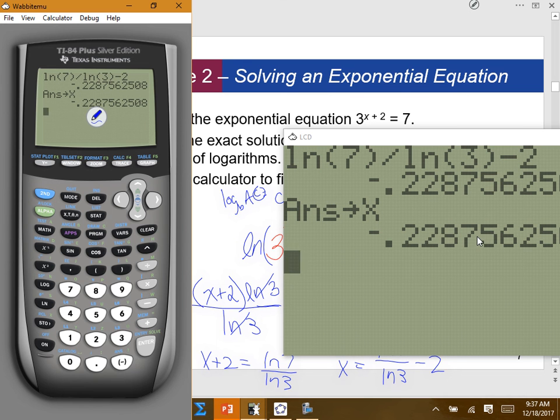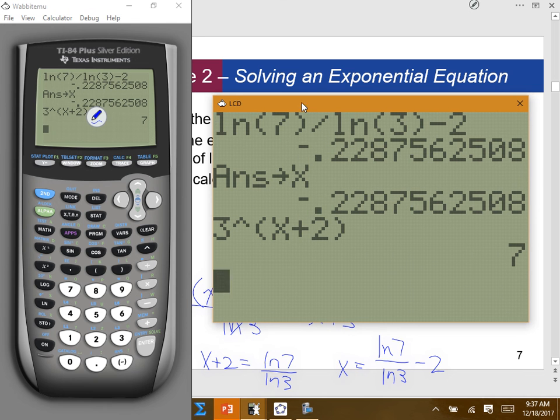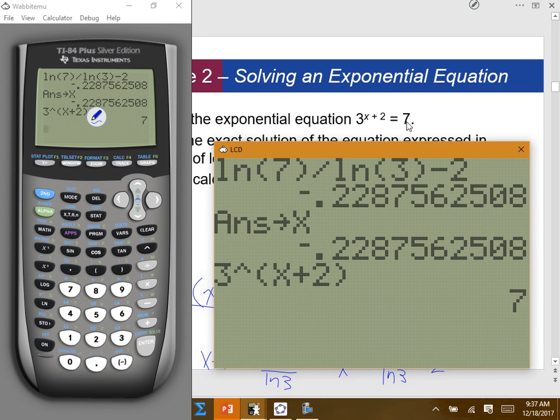Does that make sense? So I'm going to take 3 raised to the x plus 2. Okay, so now where my calculator sees x, it's going to evaluate it with this number here. So hit enter, and it gives me that 7 back, which is what we had in the equation, right? Give me the 7 over here.